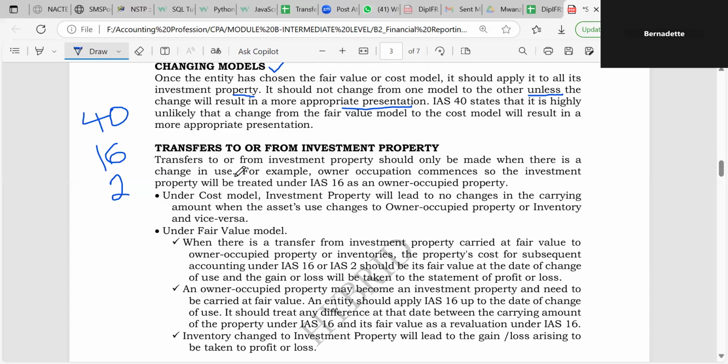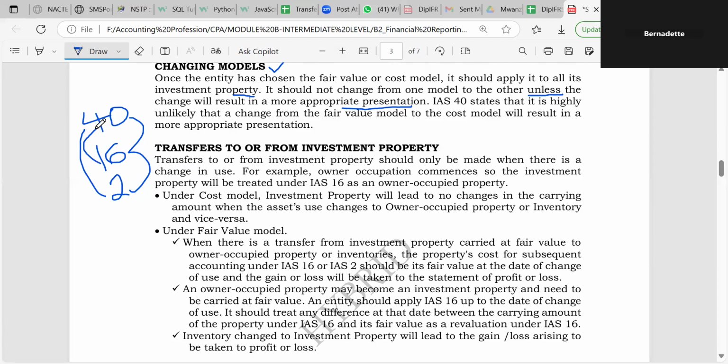That's why we speak of transfers now. So you may be switching from investment property to PPE or inventory, or you may be switching, let's say, from inventory to IAS 40 or IAS 16 to IAS 40, investment property. What are you going to do?